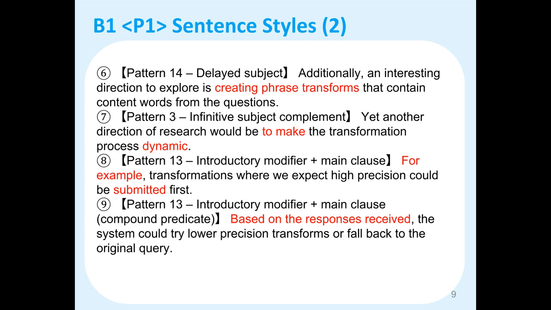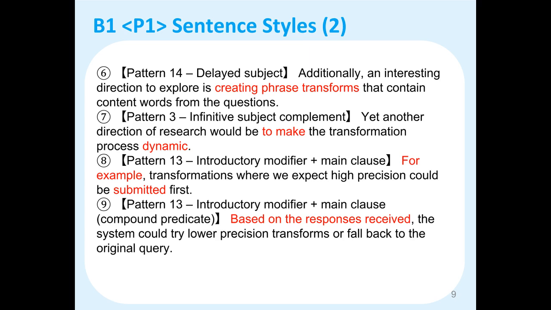Sentence 8 returns to pattern 13, introductory modifier plus main clause. For example, transformations where we expect high precision could be submitted first. The introductory modifier smoothly prepares the reader for the practical illustration that follows. Finally, sentence 9 uses a variation of pattern 13 with a compound predicate.